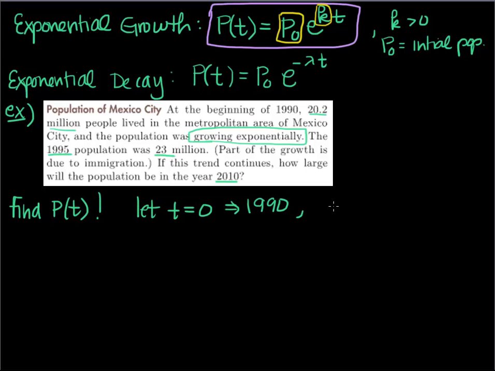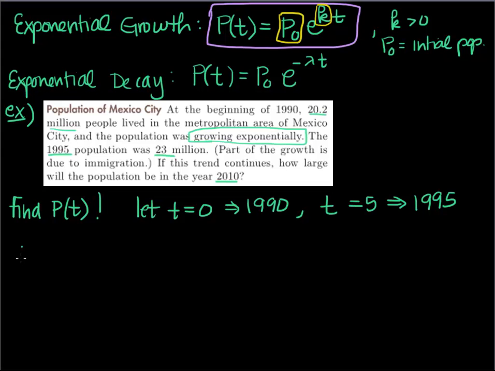Then what would t equals 5 correspond to? That would correspond to 1995, because I'm letting 0 be the beginning of 1990. When I talk about initial population, I'm not talking about the initial population of Mexico before people were even there. I'm talking about the beginning point of the data that we're given. So my initial population will be 20.2 million.